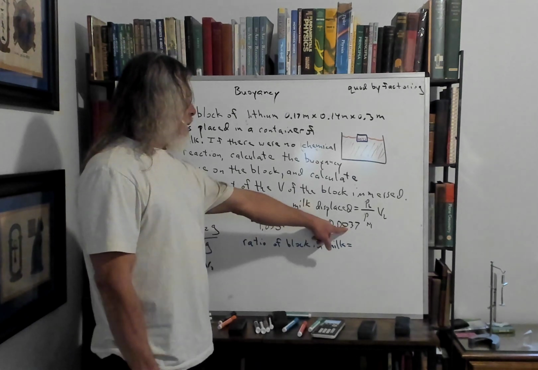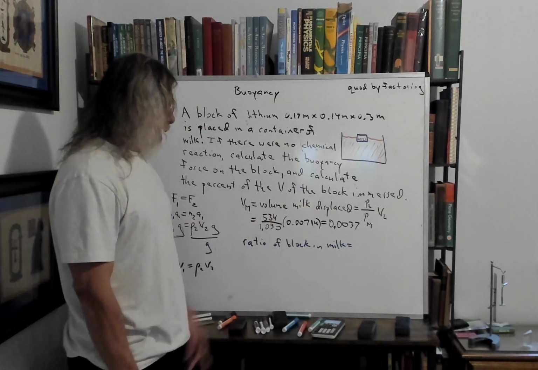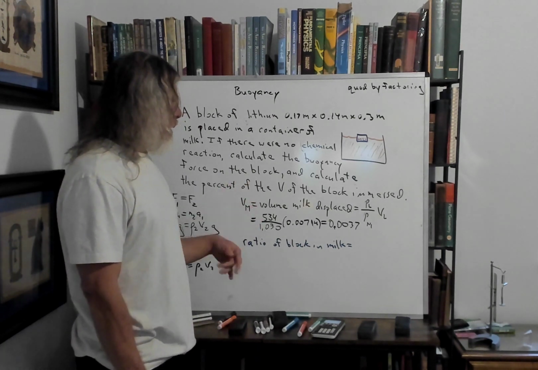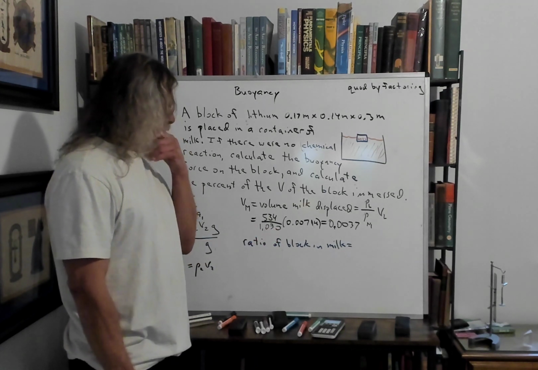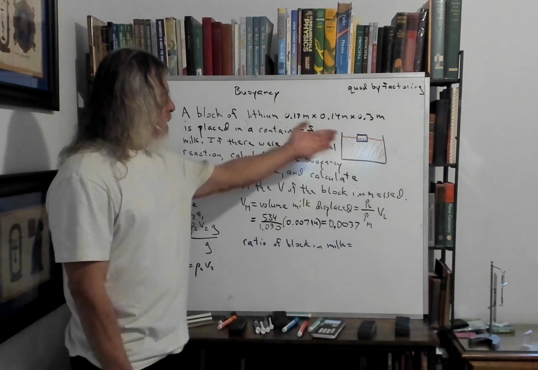So a little more is in the milk than out of the milk. And that makes sense because this is a little bit more than half. A little bit more than half of the thing is in the milk. A little bit less would be out of the milk. Okay? This fraction of this is in the milk.